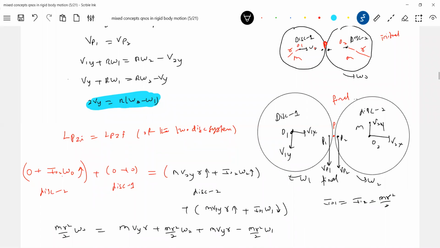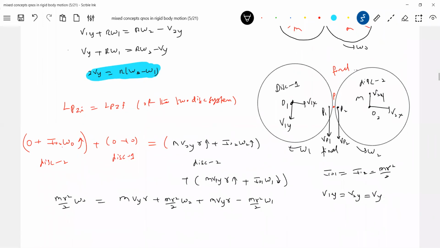Omega 1, omega 2 are different. V1y is equal to V2y. Just now we have shown it, no? Solving this, what will we get? We'll get an expression for the relation between omega 2 and omega 1.